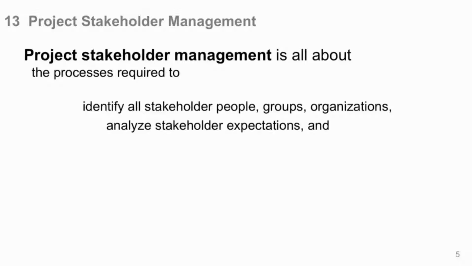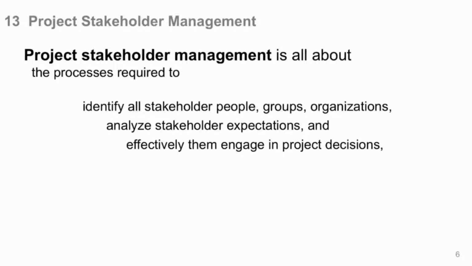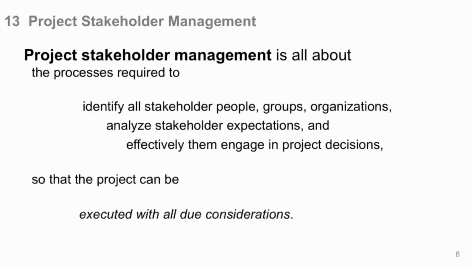You need to analyze them, and you need to effectively engage them at all times in project decisions so that the project can be executed with all due considerations from all stakeholders, no matter who they are, where they are. If they can at all possibly affect or influence your project, positively or negatively, you need to identify them and put them in what PMBOK officially calls the stakeholder register.